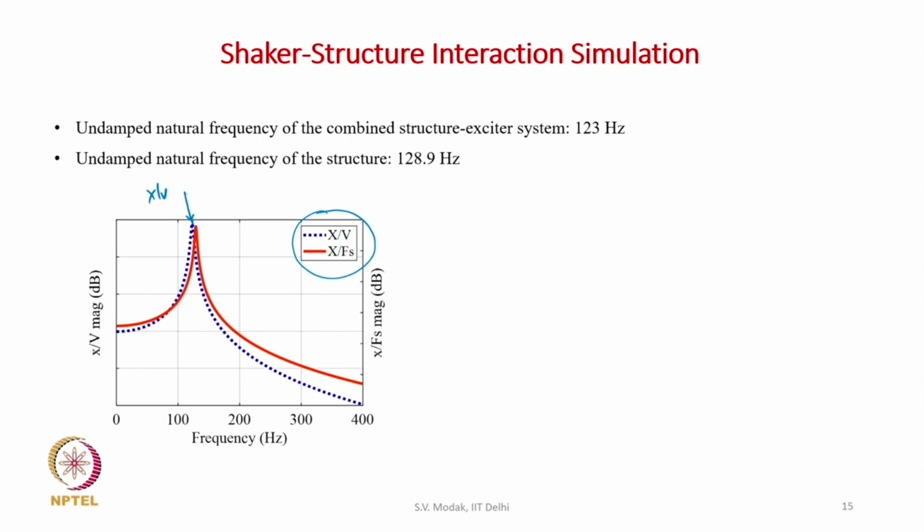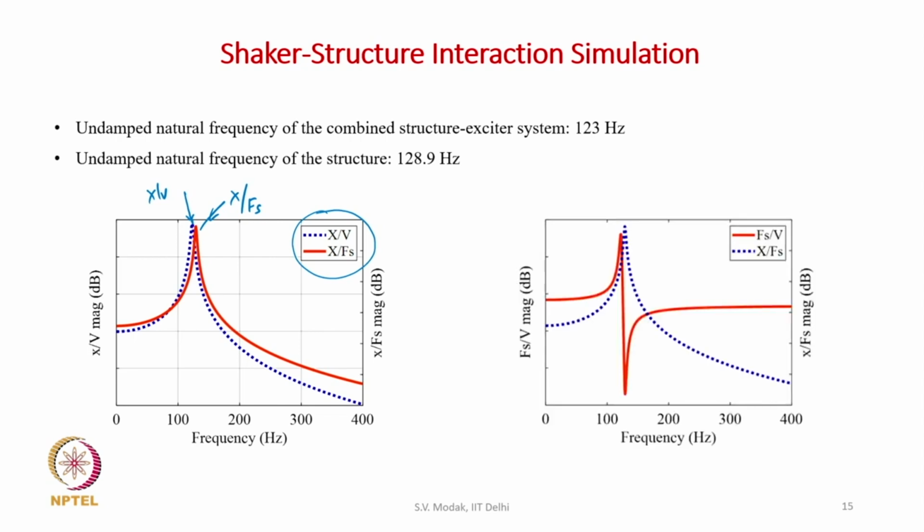So the peak in the x upon V FRF occurs at the natural frequency of the coupled system, while the peak in the x upon Fs FRF occurs at the natural frequency of the structure. This is clear evidence that the peak in the x upon Fs FRF tells us the true natural frequency of the structure.